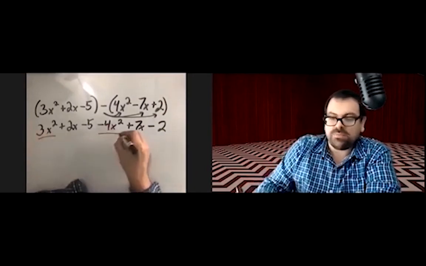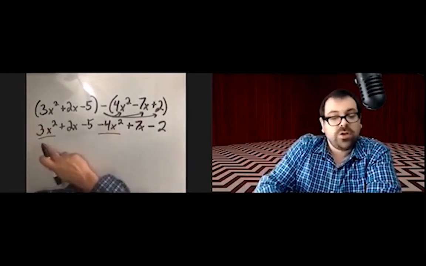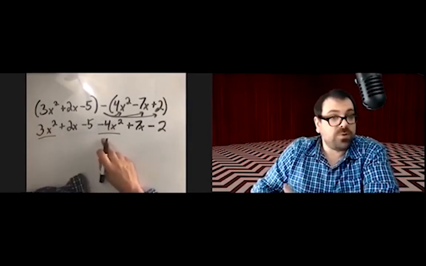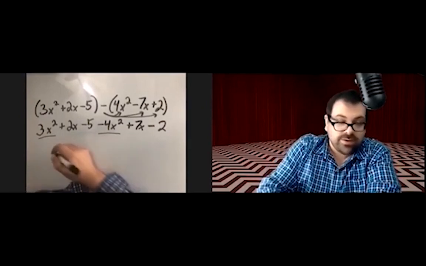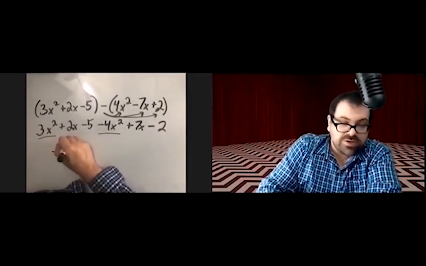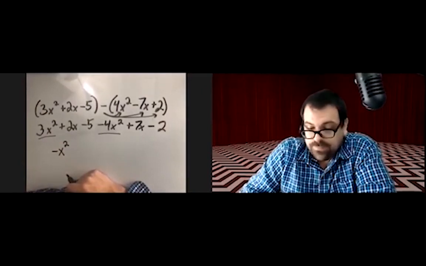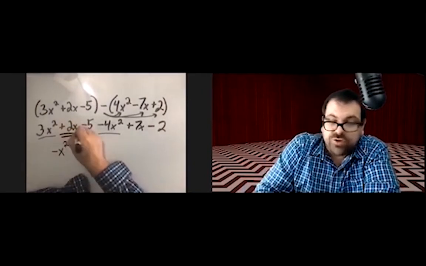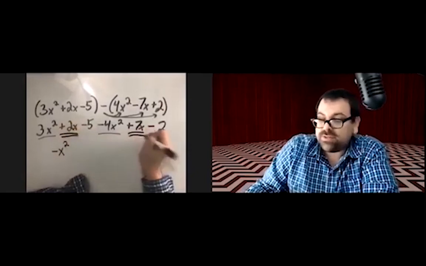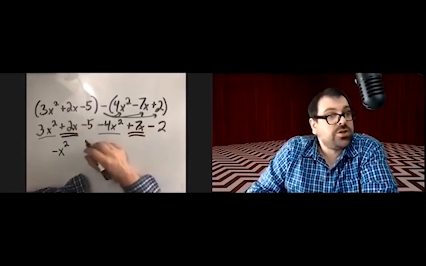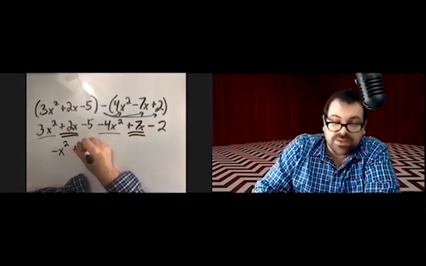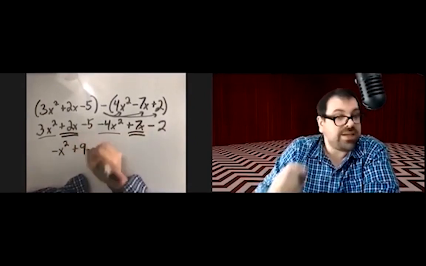3x squared minus 4x squared. 3 minus 4 is negative 1. Negative 1x squared is just negative x squared. Positive 2x plus 7x. 2 plus 7 is positive 9 of the x's.